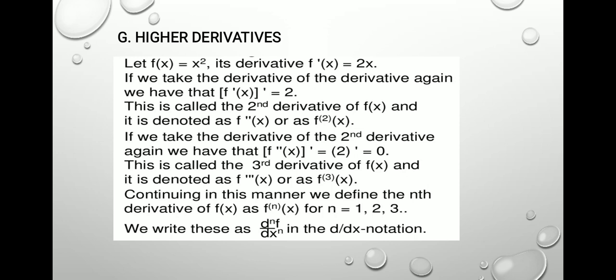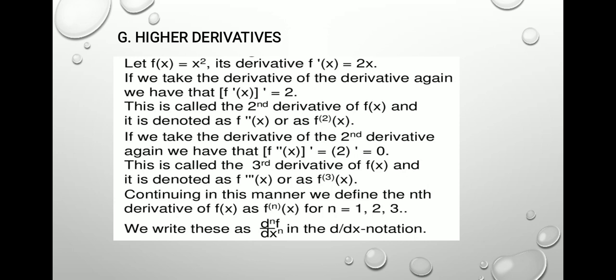If we take the derivative of the second derivative, we have that the derivative of 2 is equal to 0. This is called the third derivative of f of x, and it is denoted as f triple prime of x or as f superscript 3 of x.